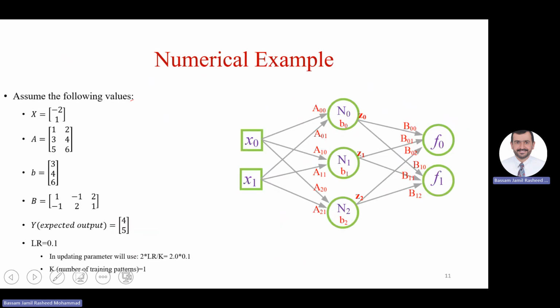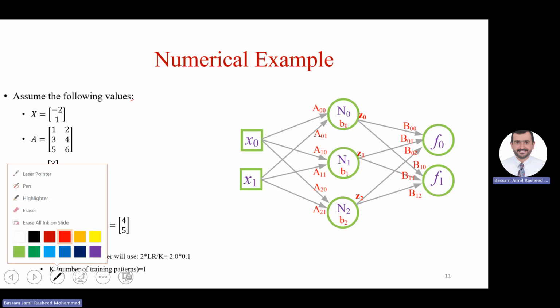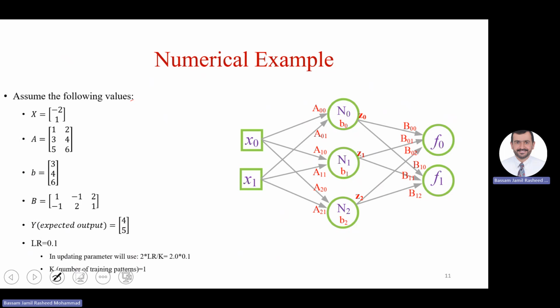So what do we have here? In this example, I'm assuming that I have this input vector, which means that this value here is -2 and this value here is 1.